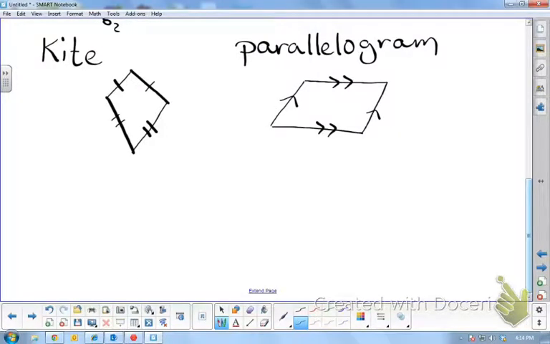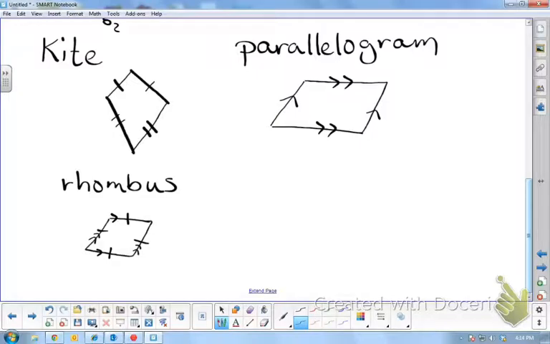We also have a rhombus. Which is kind of like a tilted square. So this time all 4 sides must be the same, and the top side is parallel to the bottom side, and the left side is parallel to the right side.